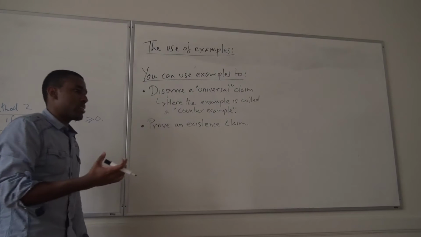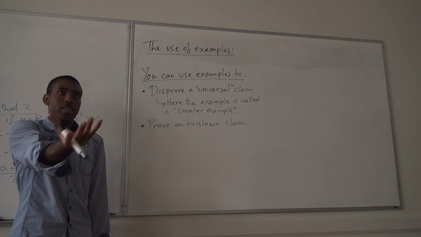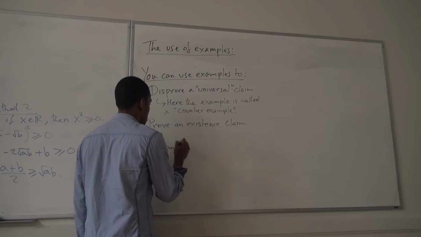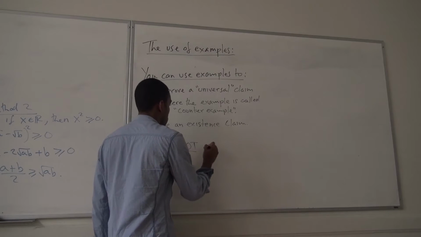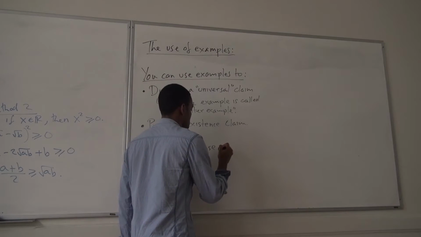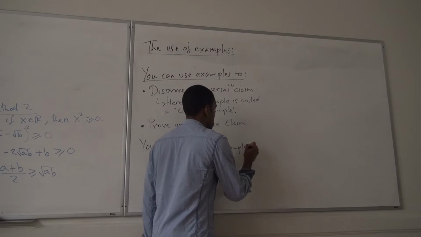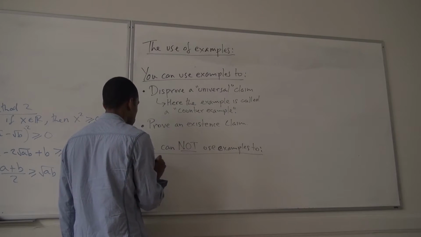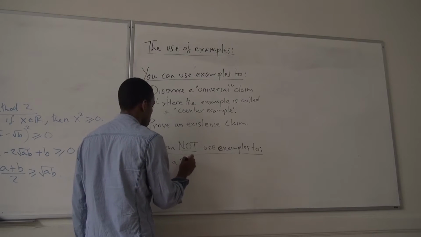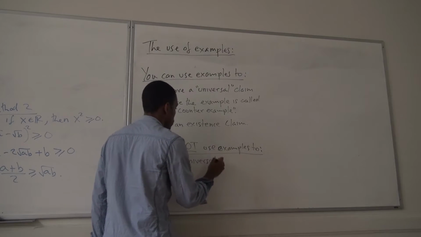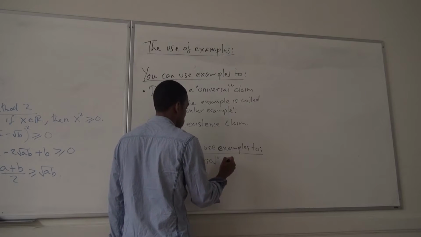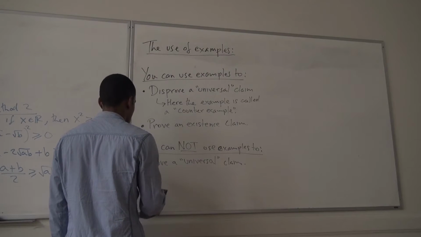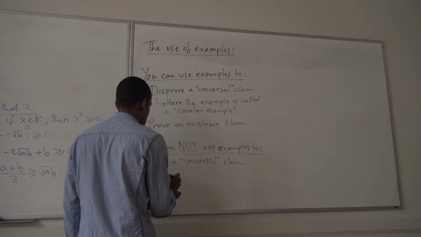If you claim this thing exists, you just find an example of that thing and say, here it is, it exists. You cannot use examples to prove a universal thing, and again, universal is used loosely here, or to disprove an existential one.